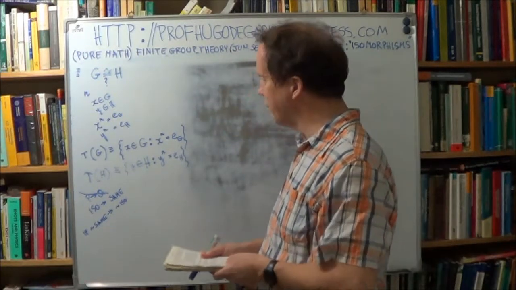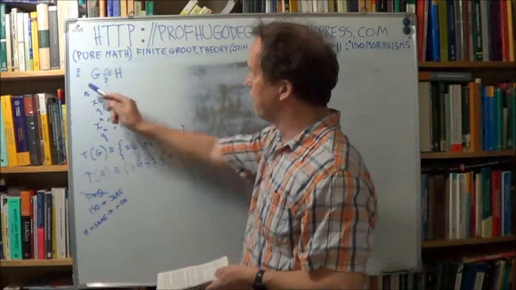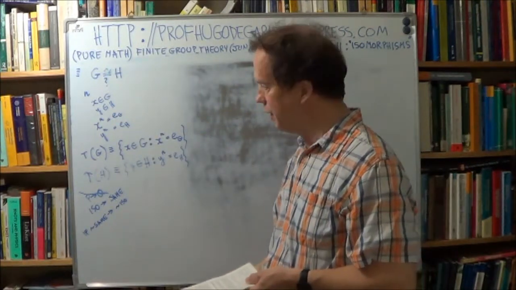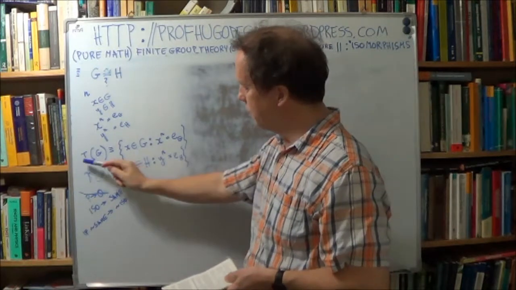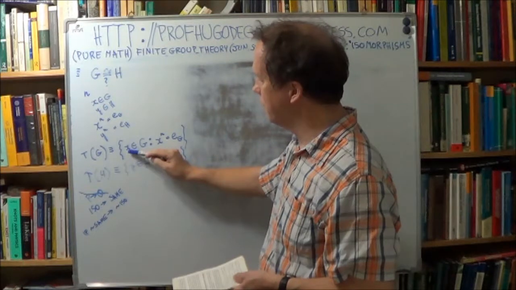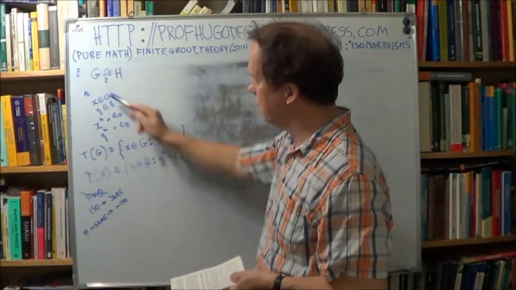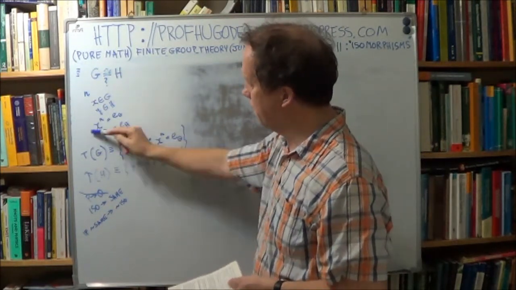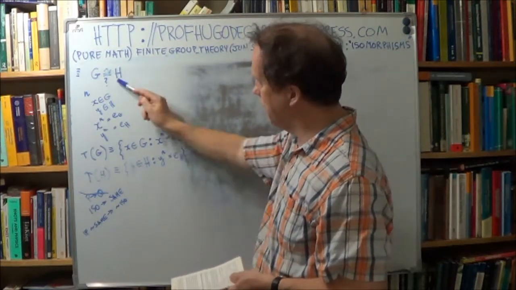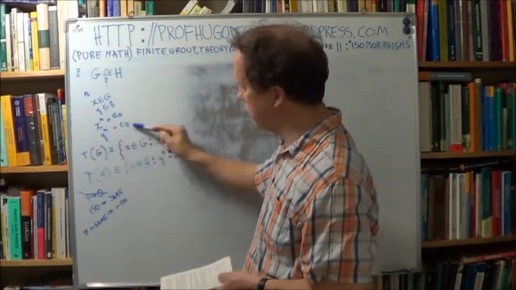All right. So the point of the exercise is, given these two groups are isomorphic, we have to show that the number of elements in G, this group, that have this property is equal to the number of elements in H that have the corresponding property. Right?